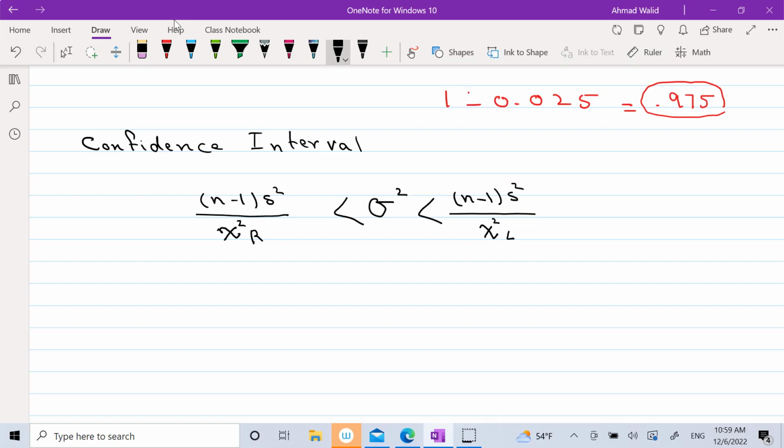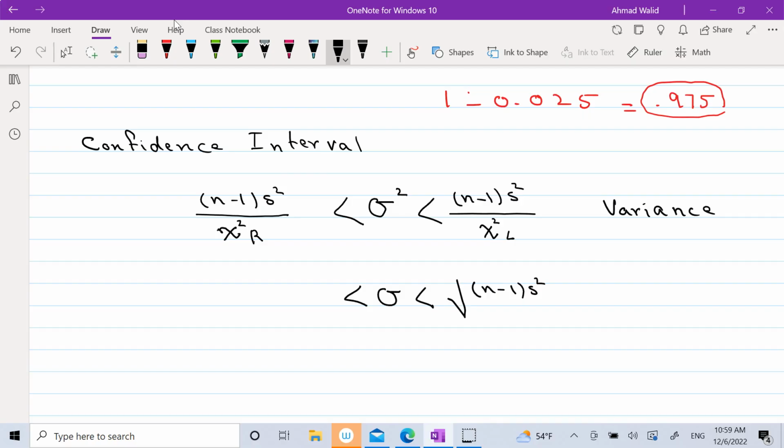This is your variance. How do we go from variance to standard deviation? We take the square root from all sides, right? If you want to estimate variance for the population, this is it, and if you want to estimate the standard deviation of the population, just take the square root from both sides.